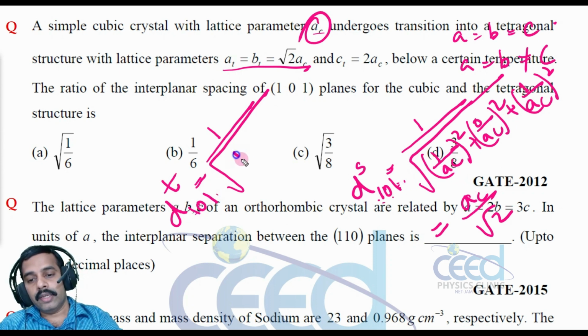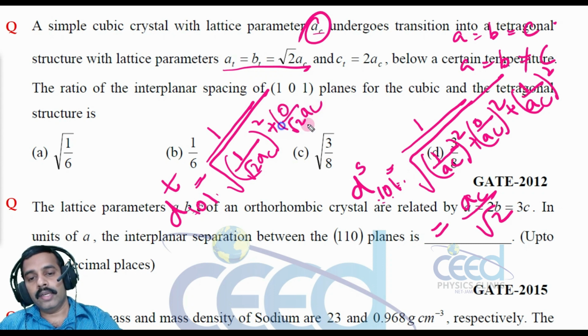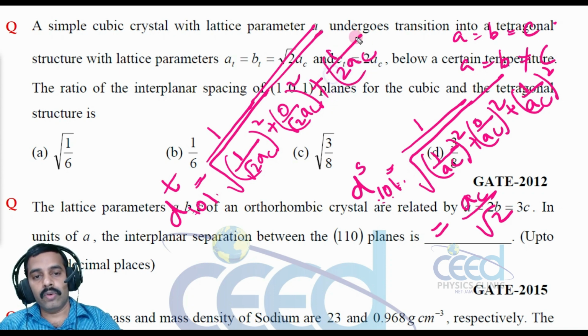So h by a, that is 1 by root 2 AC the whole square, plus B also root 2 AC, but k is 0, so 0 by root 2 AC the whole square, plus now the next one is l. L is 1, and the C value is given as 2 AC, so 2 AC the whole square. So when I simplify this, I will get d 101.